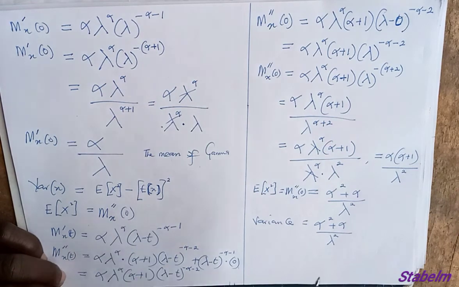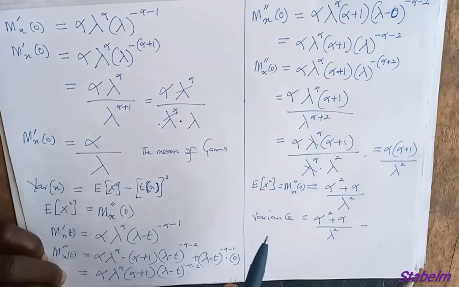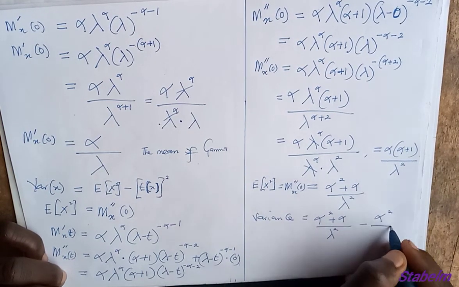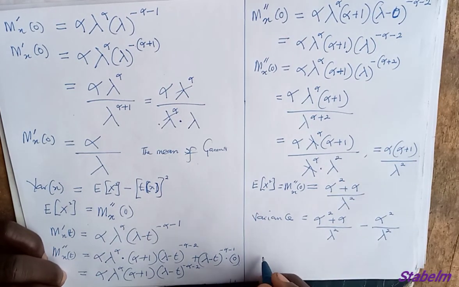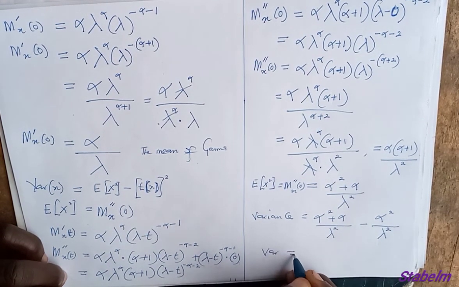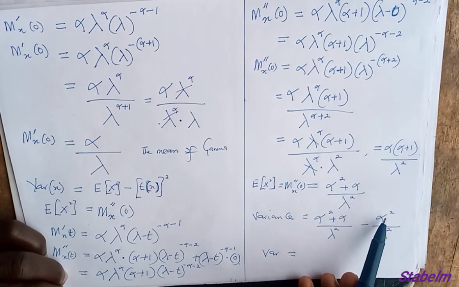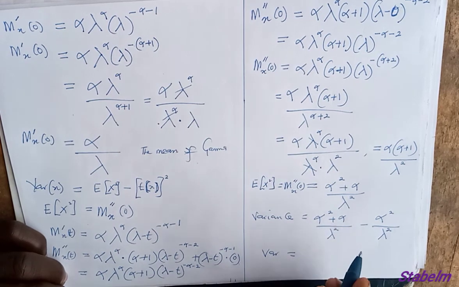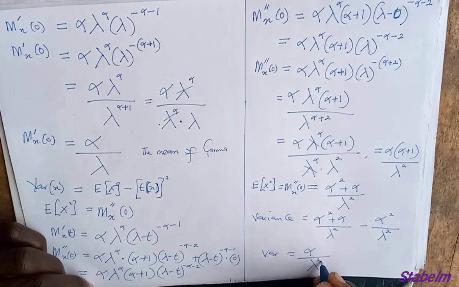Then we have minus E of X, all square. And when we square this, we're going to have alpha square divided by lambda square. So we have variance equal to, since we have the same denominator, this alpha square will definitely cancel this alpha square. So what we have left now is alpha divided by lambda raised to power 2.